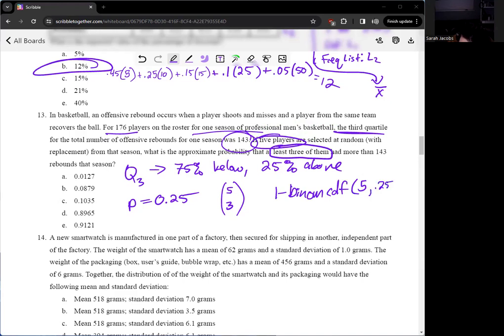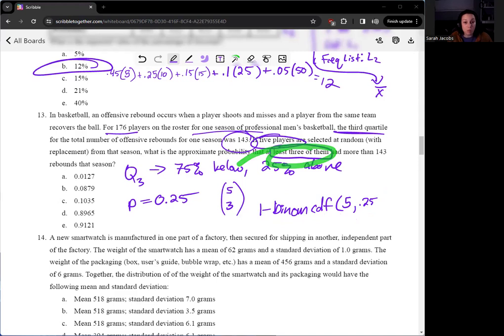And we don't want to take out 3 because 3 out of 5 works, at least 3. So what we don't want to include is 0, 1 or 2 players getting more than 143 rebounds. So what we want to take out is 2 and below so that we're left with 3 and above.